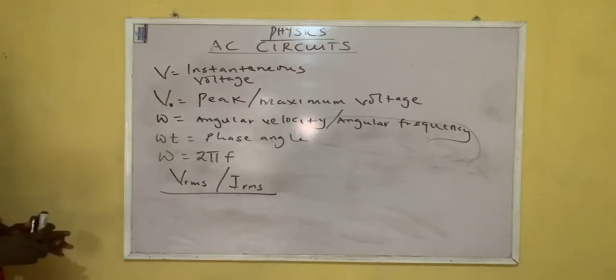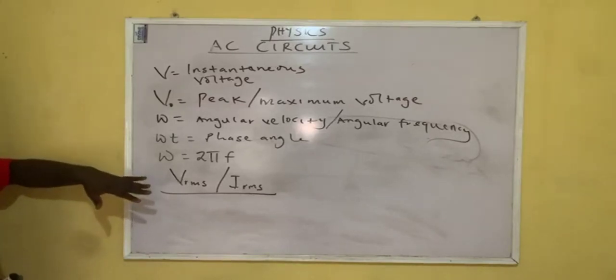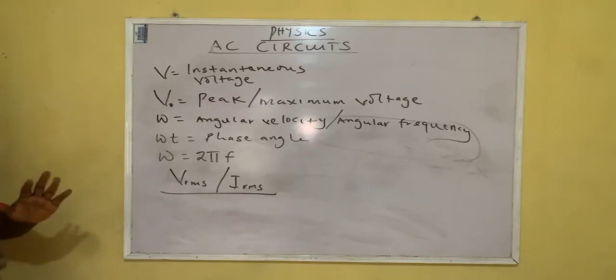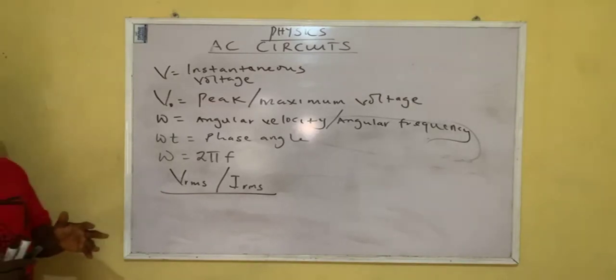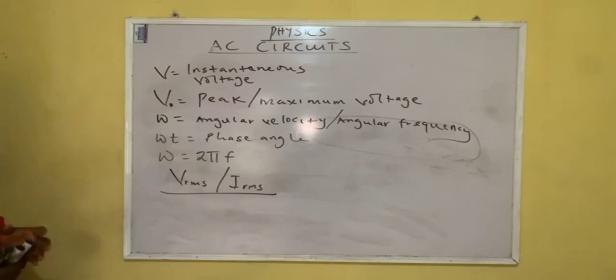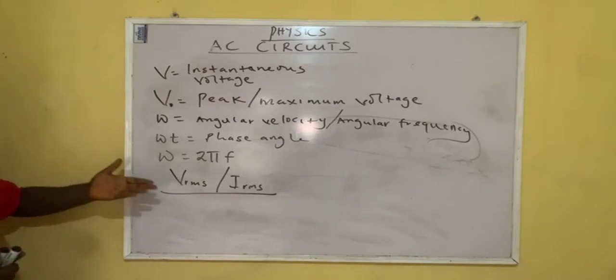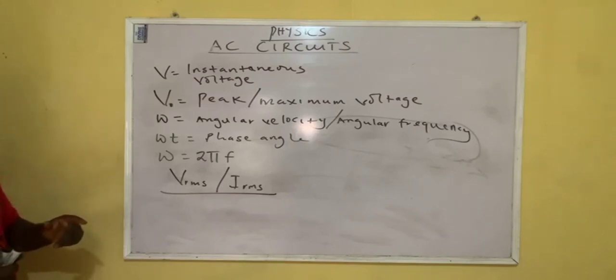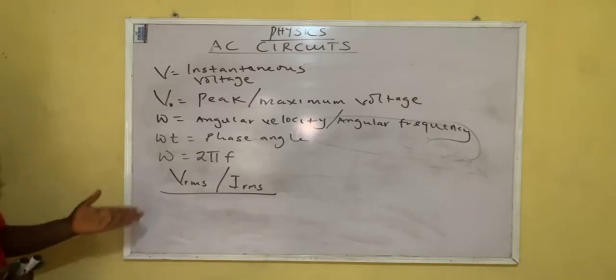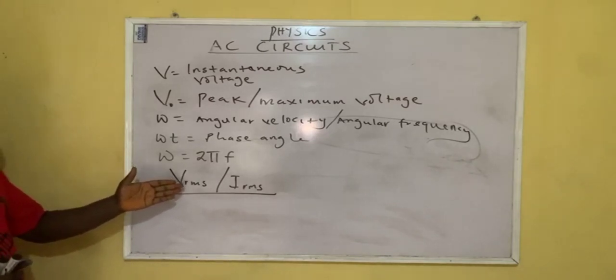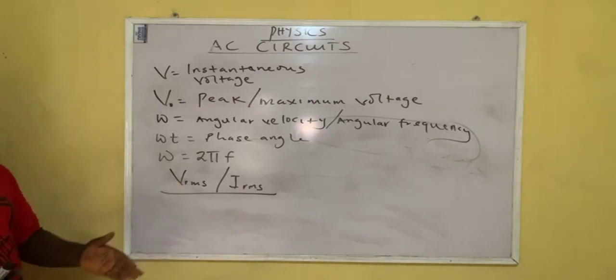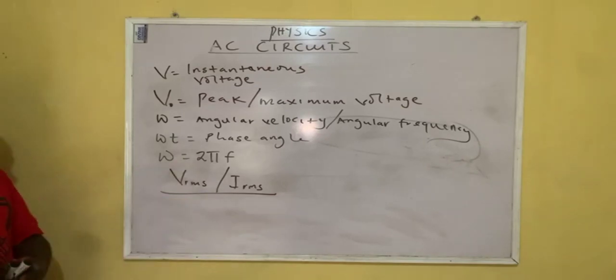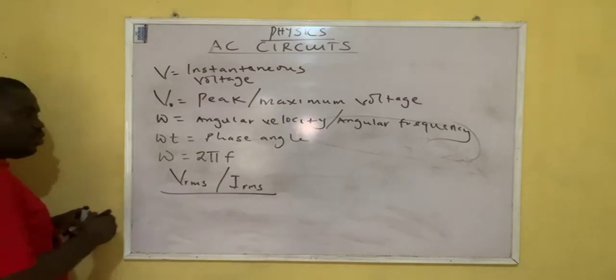But in AC circuits it has some complexity, some level of sophistication. This is actually measured in root mean square. What happens at your voltage root mean square, and at your current root mean square? It is important you know that.